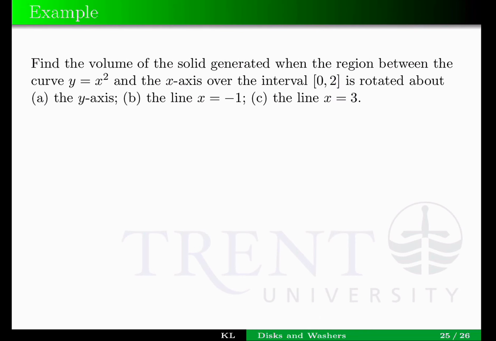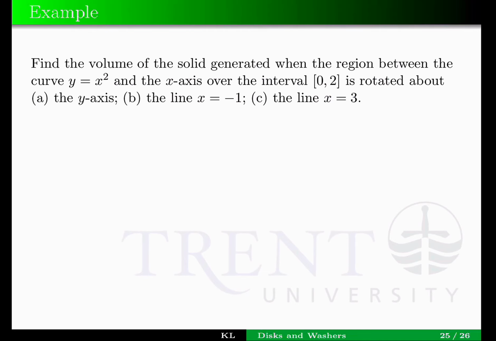For the last set of examples here, find the volume of the solid generated when the region between the curve y equals x squared and the x-axis over the interval 0, 2 is rotated about the y-axis, the line x equals -1, and the line x equals 3.